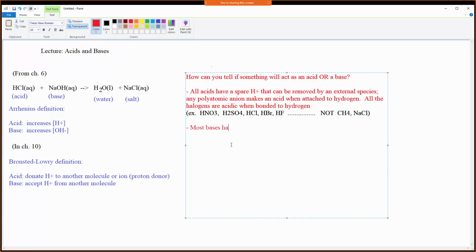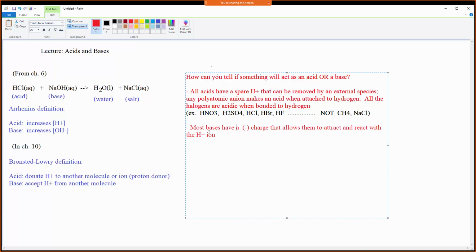Most bases have a negative charge that allows them to attract and react with the H plus ion. You can imagine nothing with a positive charge is going to attract another positive charge. So no bases will have a positive charge.